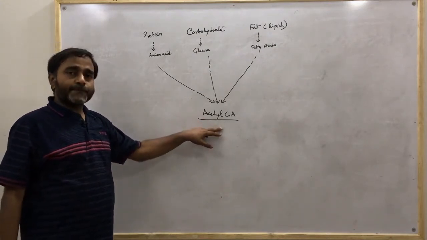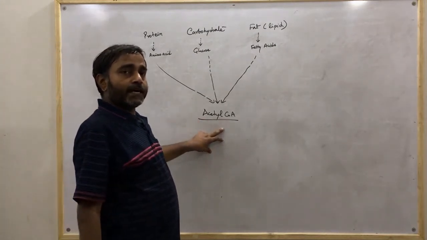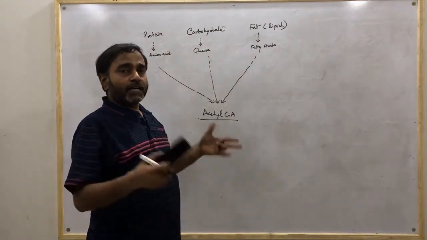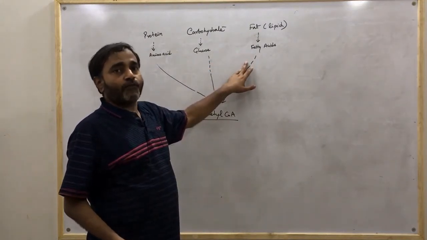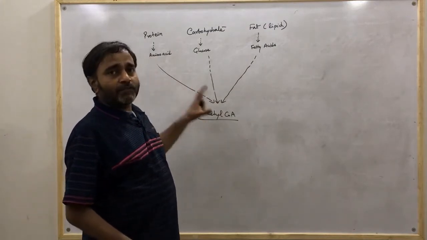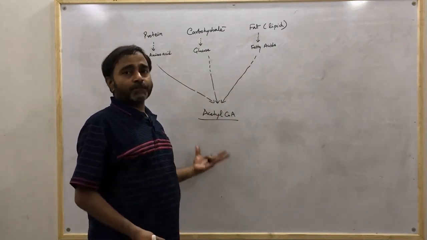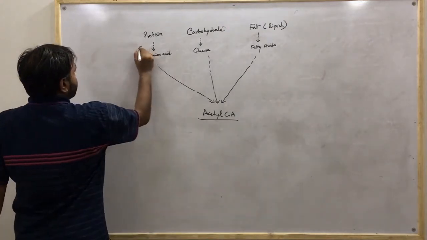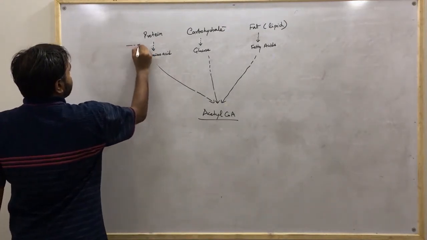Suppose it enters into the Krebs cycle, energy will be generated, or these biomolecules can be suitably interconverted into their required forms and enter into the metabolic pathways. So this is the vital concept. Here the digestion and absorption is taking place.